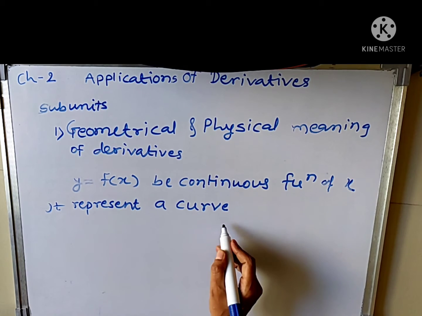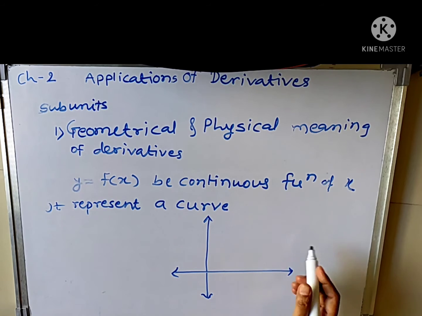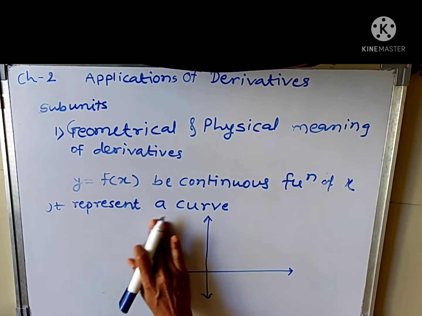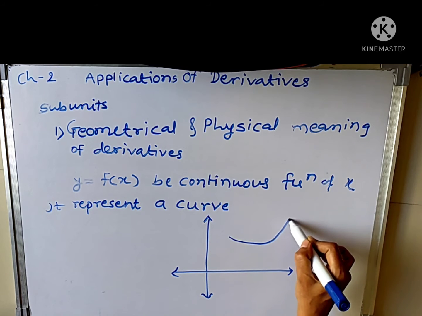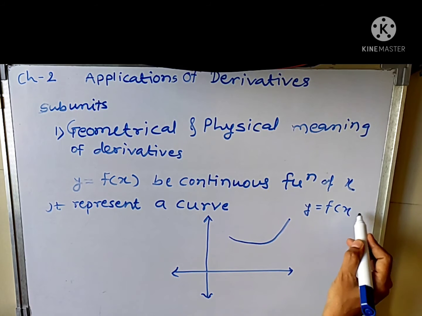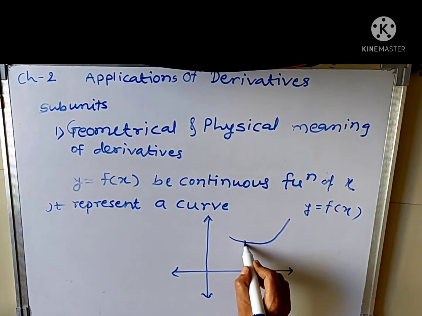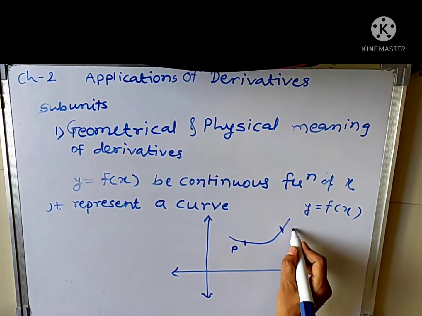For better understanding, I am explaining with the help of a figure. Draw the curve y is equal to f of x. On this curve, we consider two points P and Q.